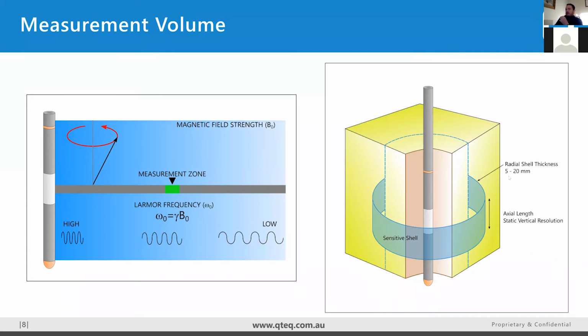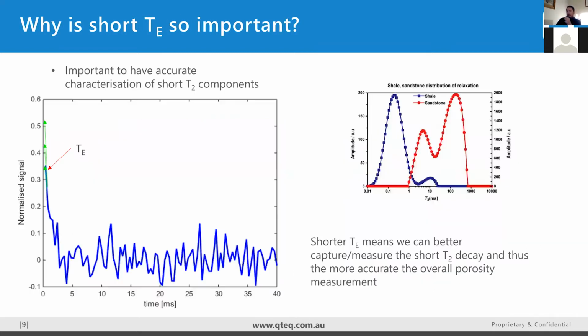We can also vary in the workshop where this is positioned, so if we have a known diameter of investigation, we target that. The other critical piece of information for any NMR-based tool is what we call an echo time. I mentioned before that we have a CPMG decay, and it looks something like this blue squiggly line in real life.